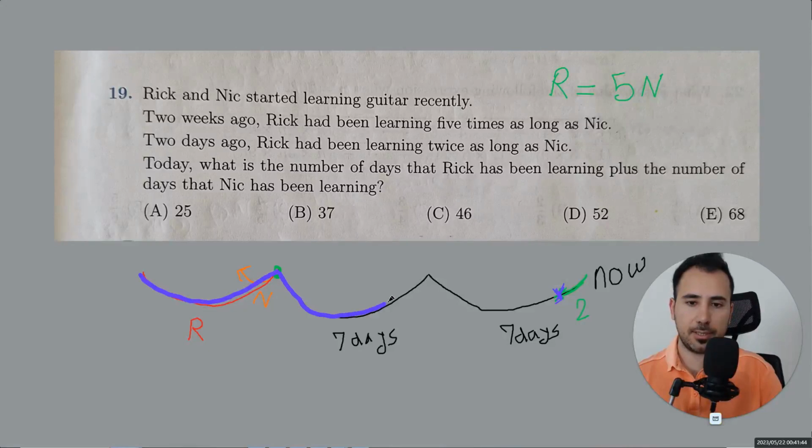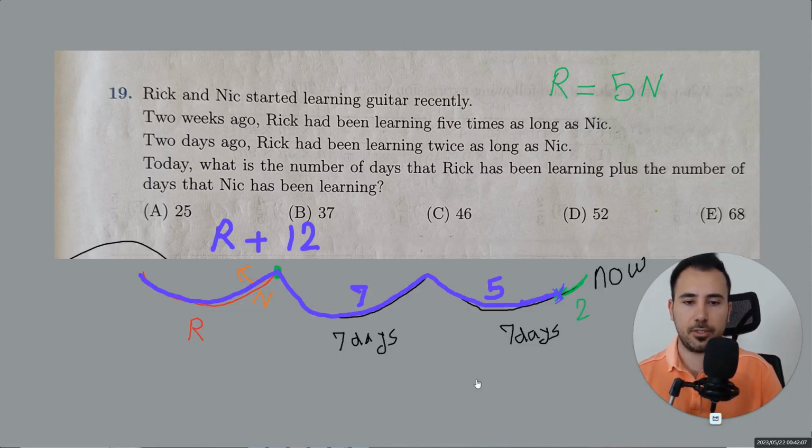R plus 7 days plus 5 days, isn't it? That's a 5, that's a 7, and that's R. This is for Rick. Rick was R plus 12 days. So Rick has learned R plus 12 days. I'm not going to write days.